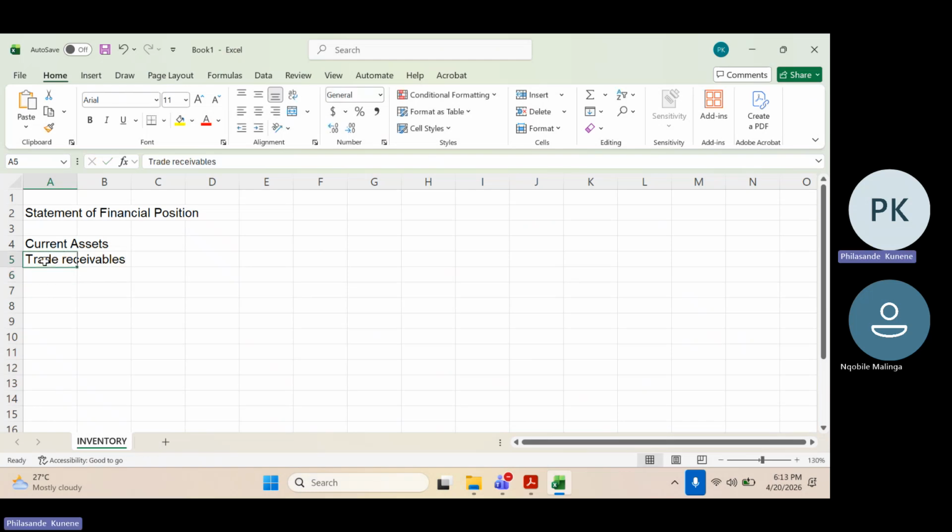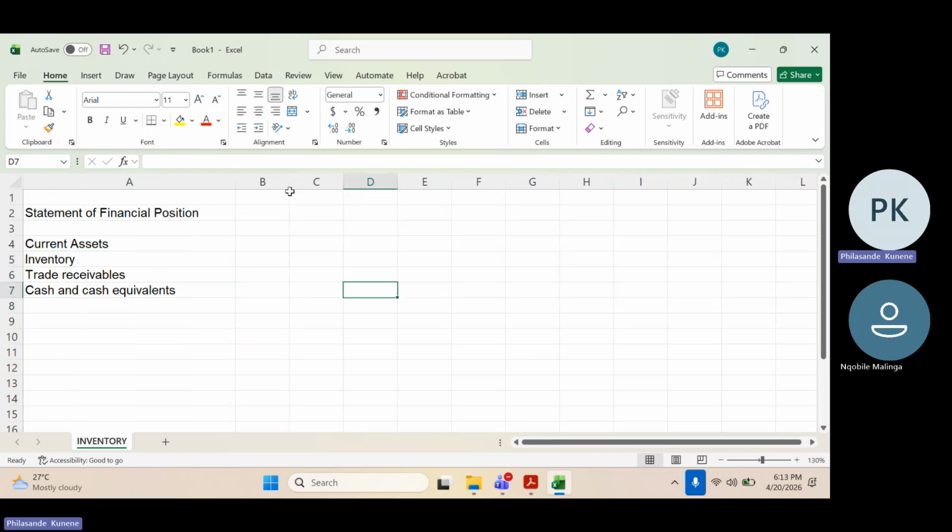The first thing that we have there is the inventory. Inventory, trade receivables, and then cash and cash equivalents. Or we can have bank there. But this is what we have under current assets. And then we're going to have monies there.